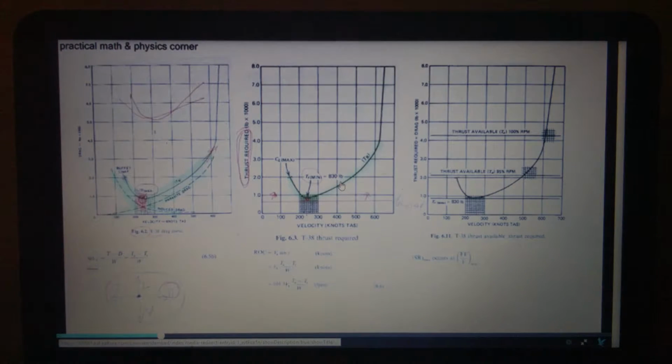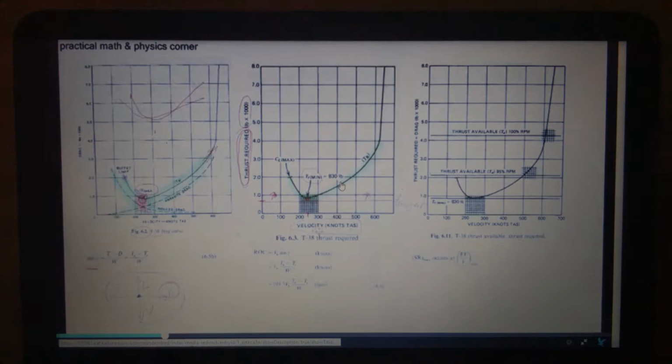And then you can directly read associated speeds and thrust required values, in this case in thousands of pounds of thrust here on the left, and the associated speed on the bottom. Again, same things as we talked about before apply.